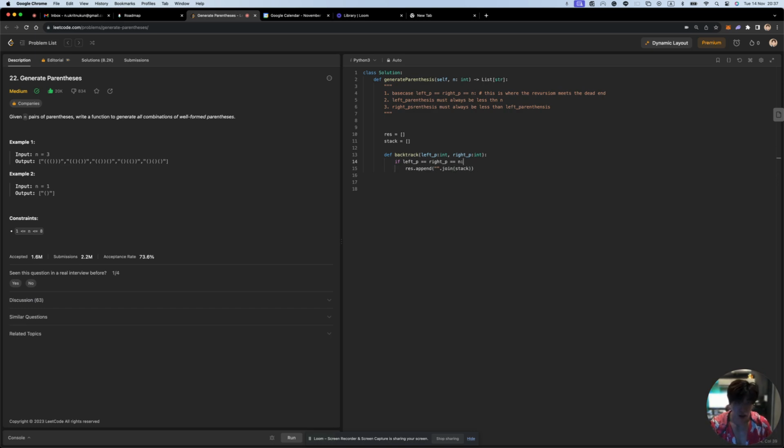Imagine the example of the stack is going to be something like open parentheses and so on.